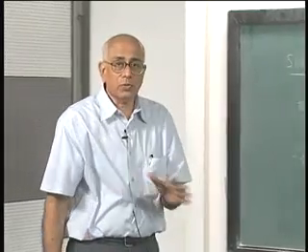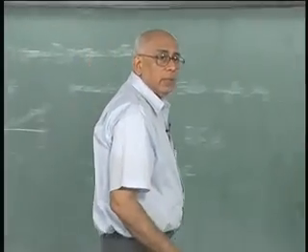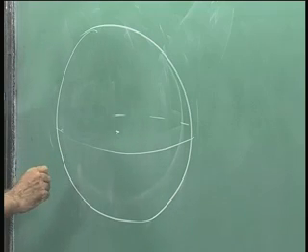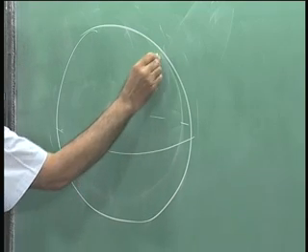So there is a class of closed paths which can be shrunk to a point, but there is another class which cannot be shrunk to a point, and that class is the following. I start at the origin, I do a sequence of rotations till I hit the surface.